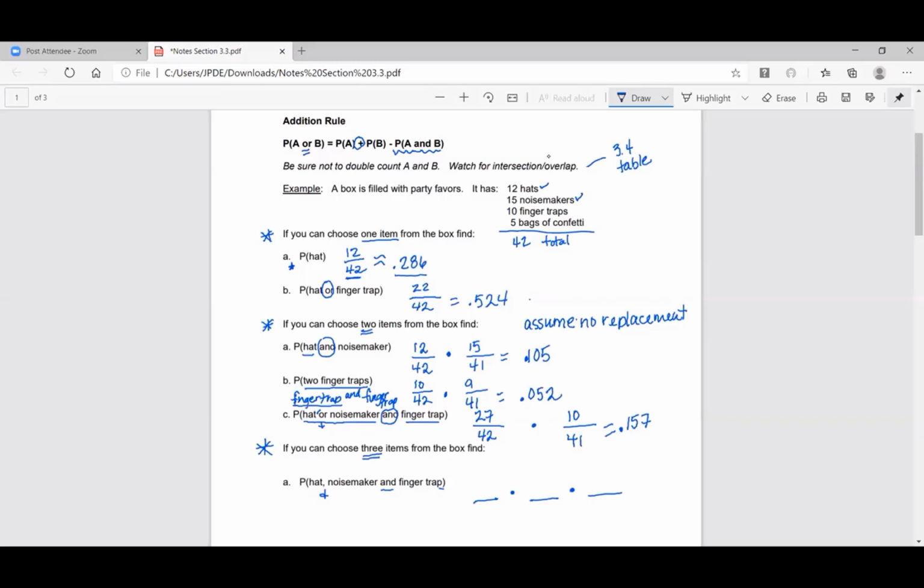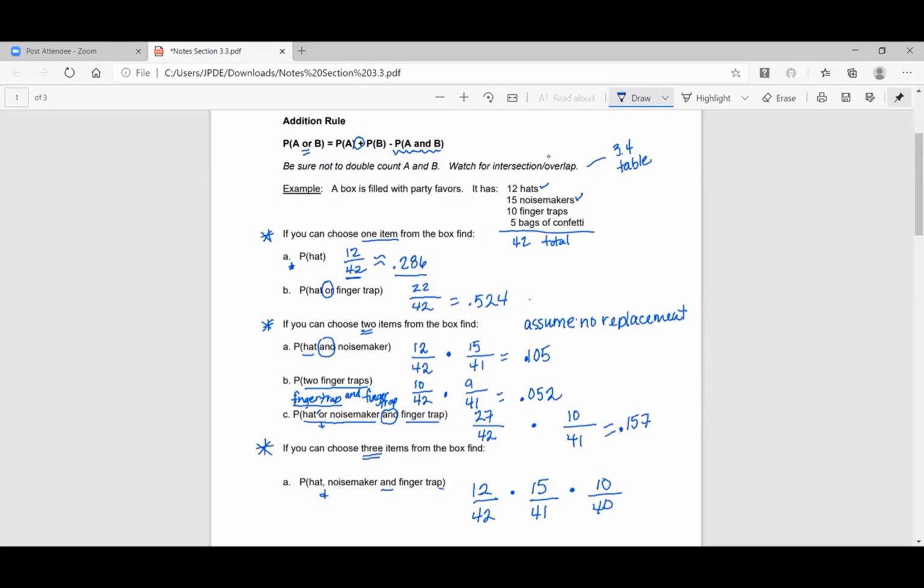What's the chance we get a hat? 12 out of 42. And after we take out that hat, what's the chance that we get a noisemaker? 15 out of 41. And what's the chance we get a finger trap? 10 out of 40. So 12 out of 42 times 15 out of 41 times 10 out of 40.